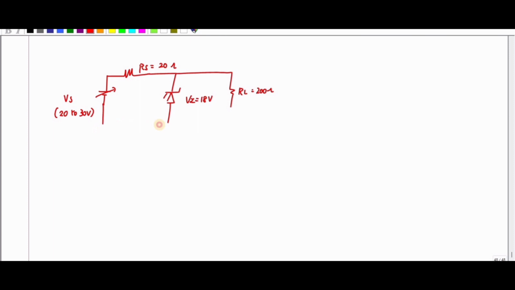This VS will change from 20 to 30 volt, and we need to find the value of IZ minimum and IZ maximum, and they have asked about PZ minimum and PZ maximum.